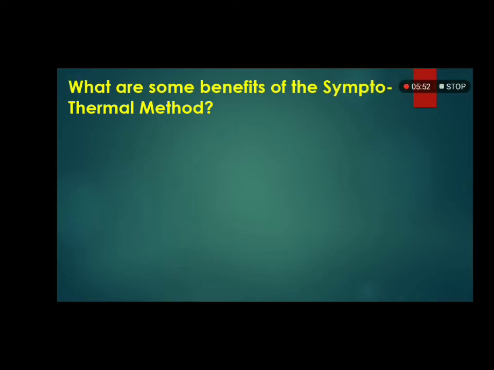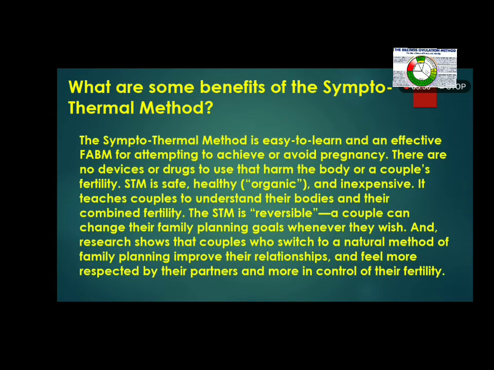It teaches couples to understand their bodies and their combined fertility. The STM is reversible. A couple can change their family planning goals whenever they wish. And research shows that couples who switch to a natural method of family planning improve their relationships and feel more respected by their partners and more in control of their fertility.